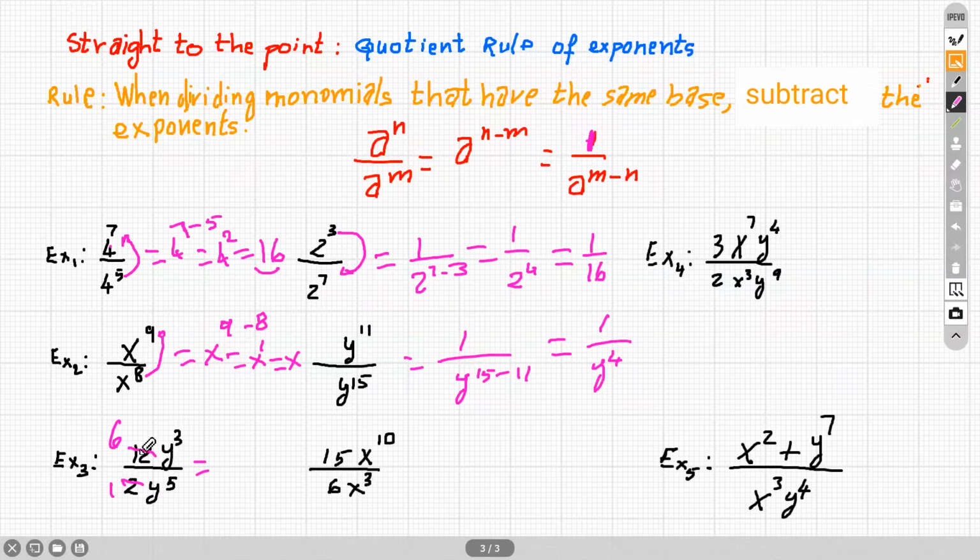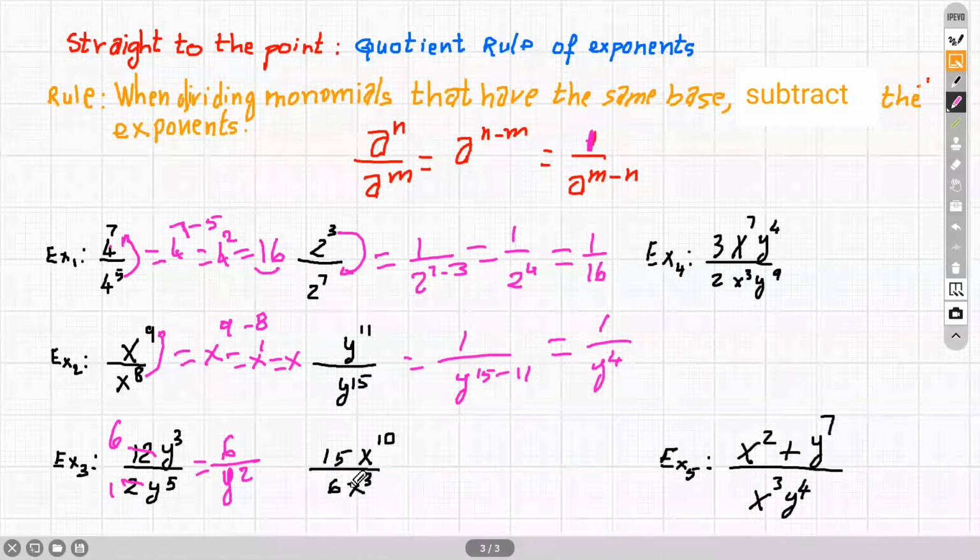The 6 we have right here in the numerator, and bringing 3 down will be 5 minus 3, and 5 minus 3 is 2. So now that's 6 over y squared. Remember, because we have 6 in the numerator, we don't need 1 anymore.